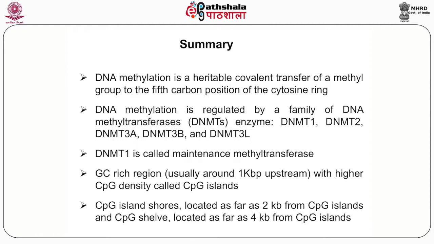CpG islands are basically GC rich regions around 1 kb upstream of the start site with higher CpG density. CpG shores are located as far as 2 kb from the CpG islands and CpG shelves located as far as 4 kb from the CpG island.